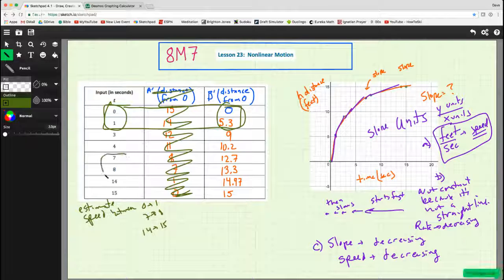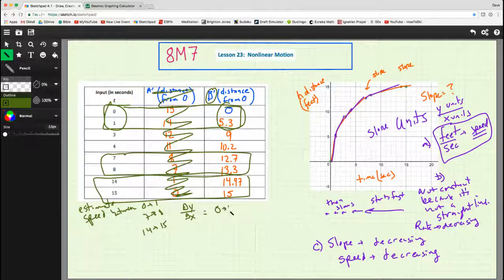Between 7 and 8, B is our speed along the bottom, and then 14 and 15. So that's basically delta y over delta x. So our delta y at the beginning from 0 to 1 is 5.3 minus 0, and that's 5.3 feet per second. It's moving fast at the beginning.